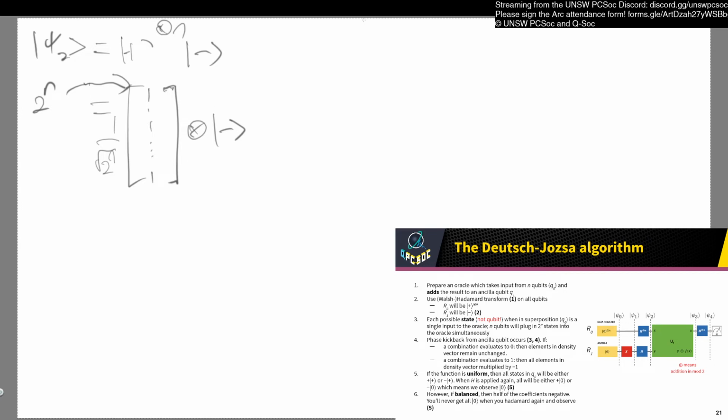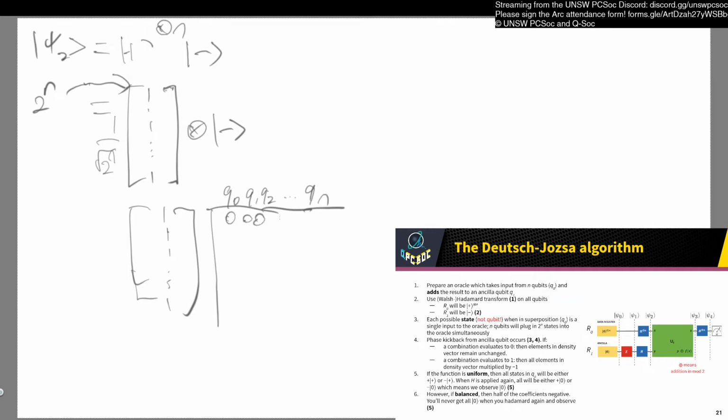Okay. Let's focus on this state vector. Let's annotate the scenarios. So this will represent each combination of all n qubits.